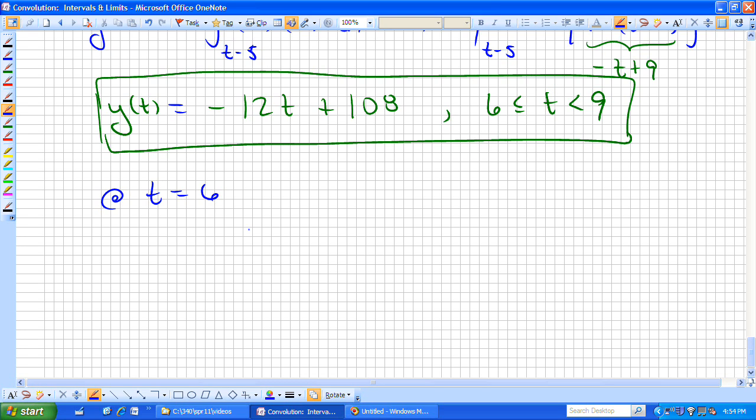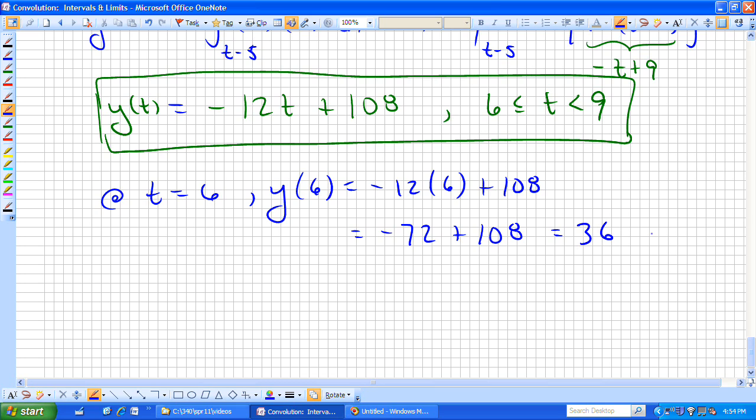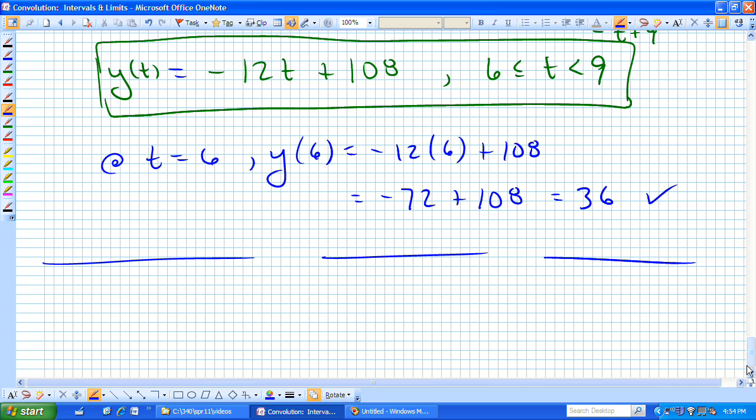If we now look at this expression, y at 6, we have minus 12 times 6 plus 108. This is now minus 72 plus 108, or 36, and that's a check, consistent with what we had in the previous pattern of overlap. And that's a way that you can check your algebra.